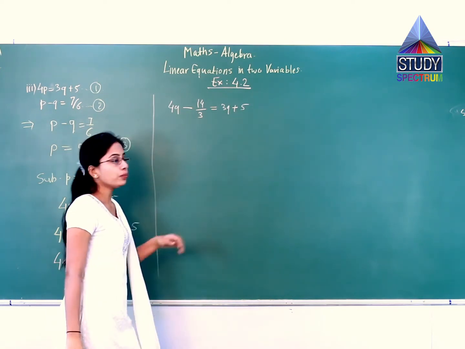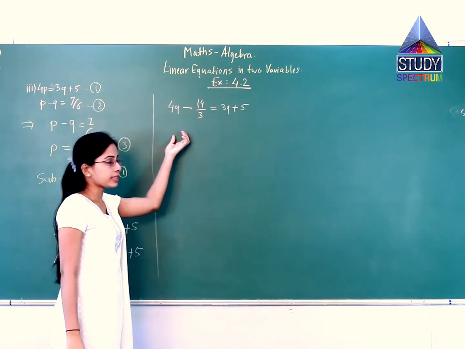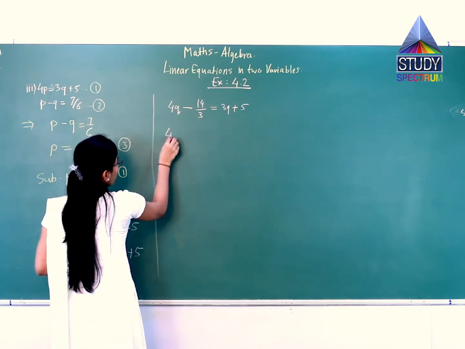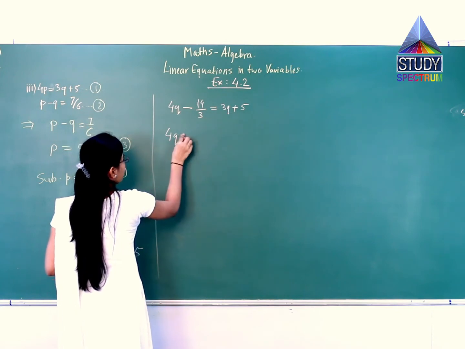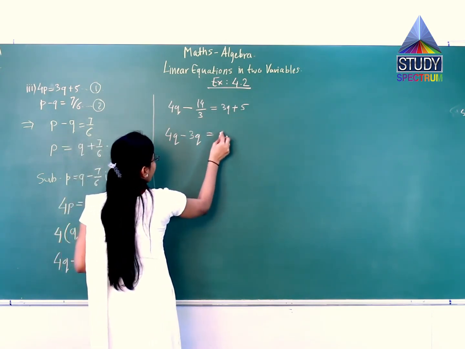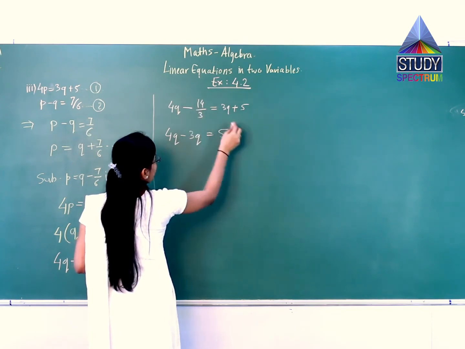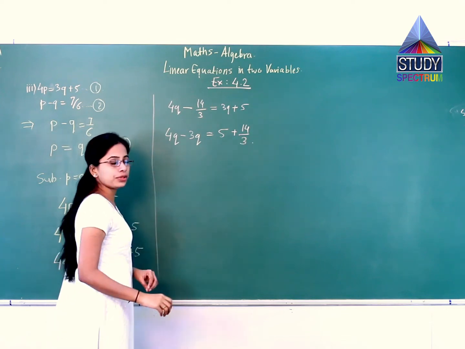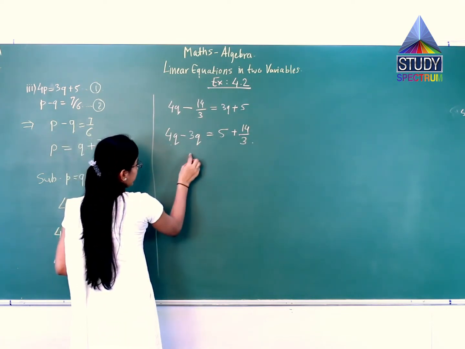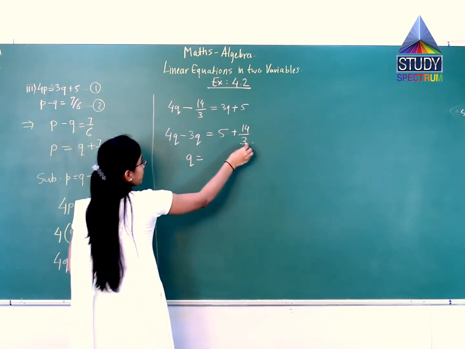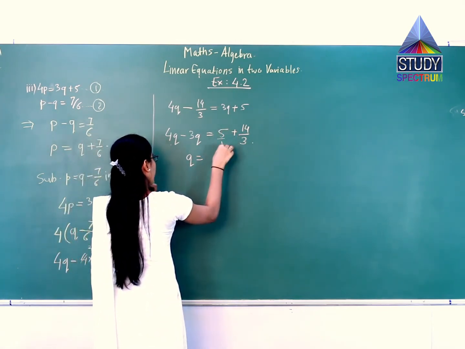So what we will do, we will take q on one side and numbers on the other side. So 4q, this 3q will become minus 3q here, and 5 as it is, and this plus 14 upon 3 will get subtracted. So 4q minus 3q, only q. Actually 1q, no need to write 1. So here we will calculate.